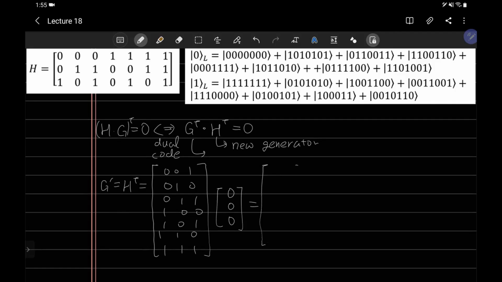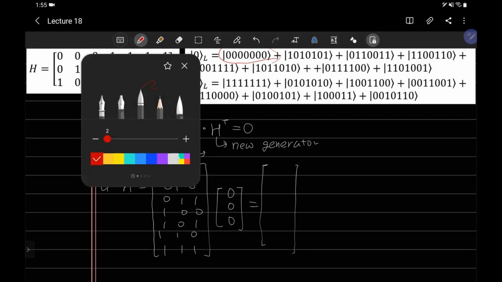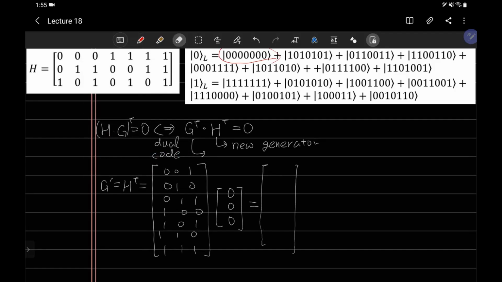If I have this case, then everything will be 0, and this first term here is obtained by just applying 0, 0, 0. Then what about the second term? Let's say, what happens if I apply the 1 here? In this case, what I actually get is this column only, because all the other two terms are 0. So I will just have 1, 0, 1, 0, 1, 0, 1, which is exactly like this one. Then what about the third term?